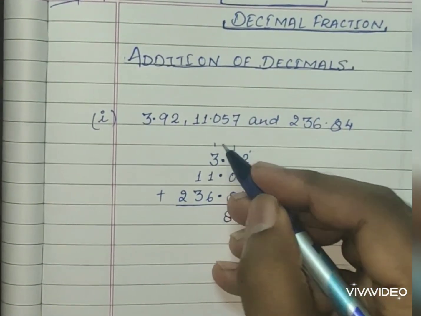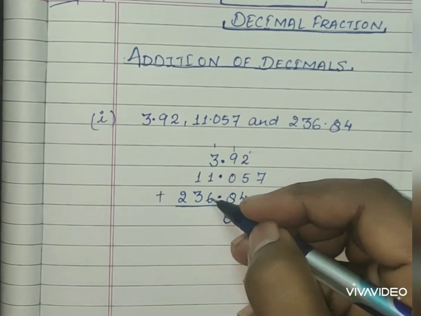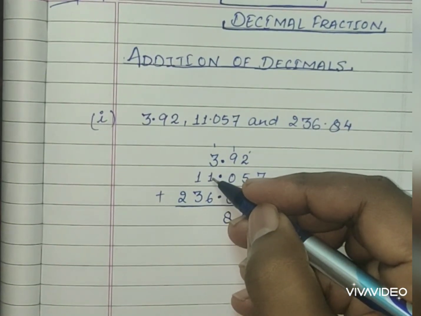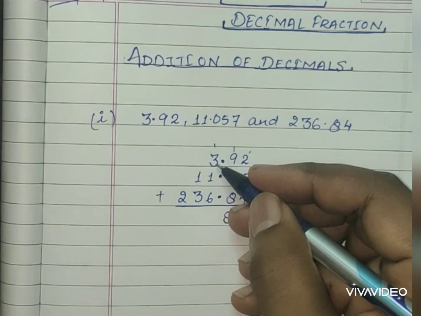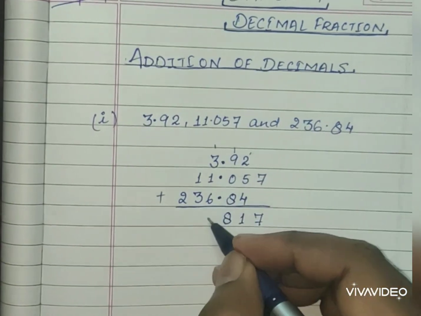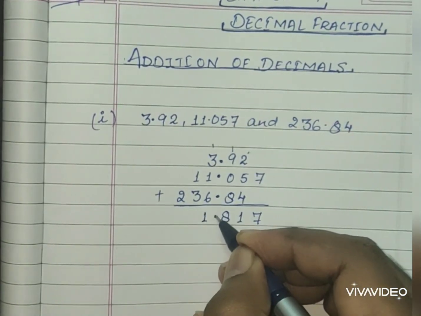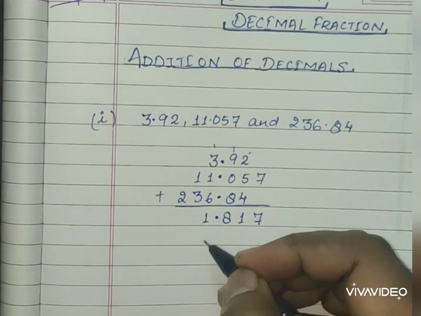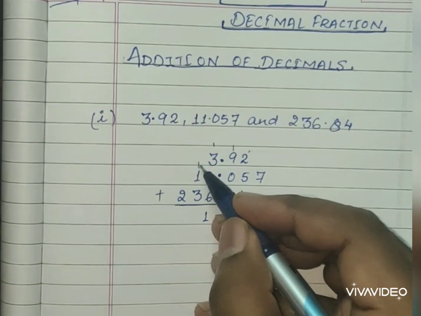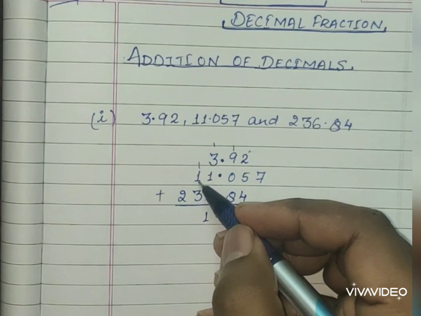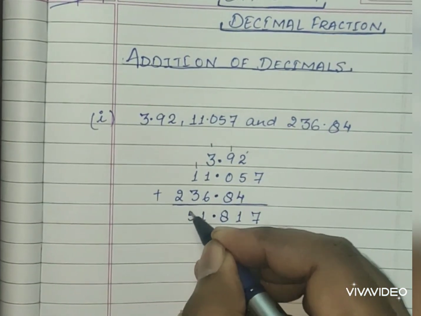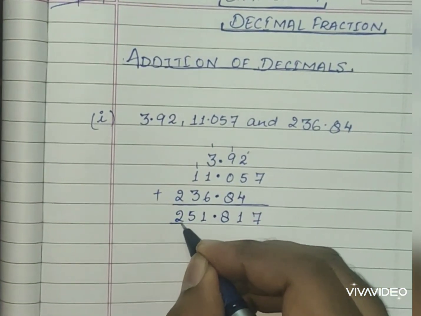Then again 1 will be carried. 6 plus 1, 7 plus 3, 10 plus 1, 11. And decimal will come over here also. Then again 3 plus 1, 4 plus 1, 5, and your answer is here.